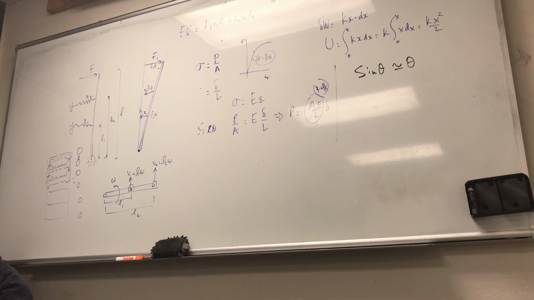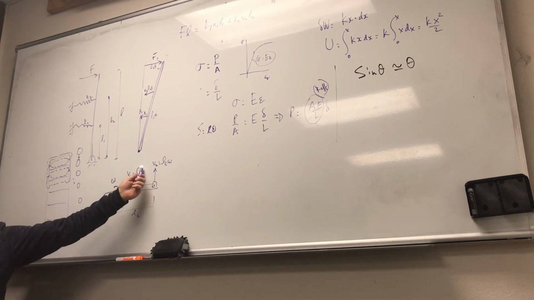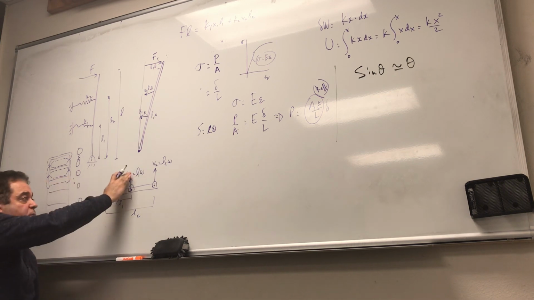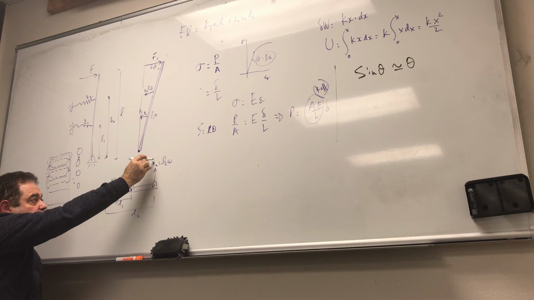You got m equivalent, and because x equivalent happens to be equal to x1, x dot equivalent equals x dot 1, right? But then the x dot 2 is actually linked to the x dot 1 by what I just did here. See here? This is going to be x dot 1. This is going to be x dot 2.